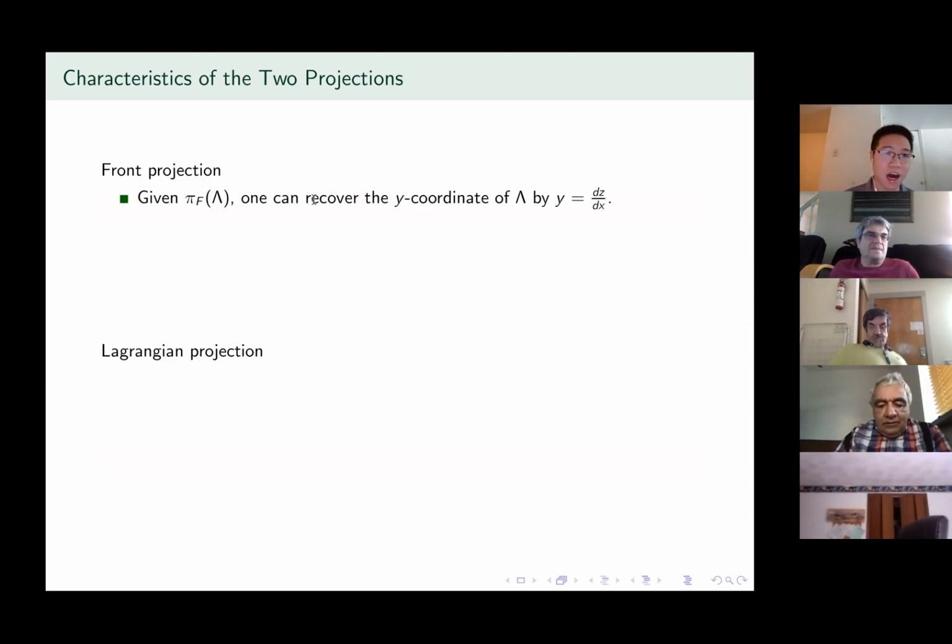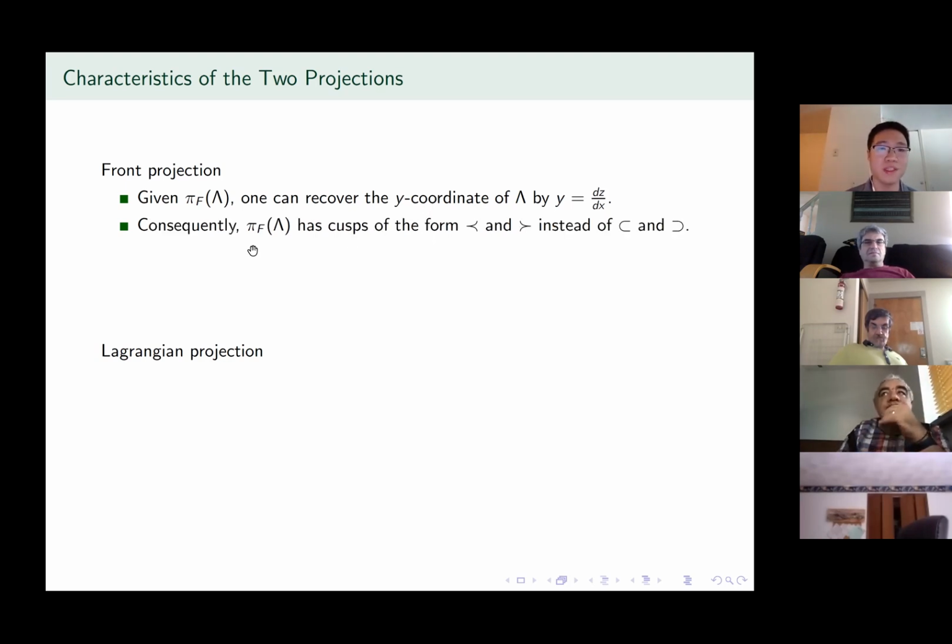Next, let me talk about the characteristics of the two projections. Let's first talk about the front projection. Looking at the image of the projection, you can recover the pre-image by taking the y coordinate to be the slope, because of the vanishing one form condition: dz minus y dx is 0. Therefore y is equal to dz/dx, so you can compute the y coordinate this way.